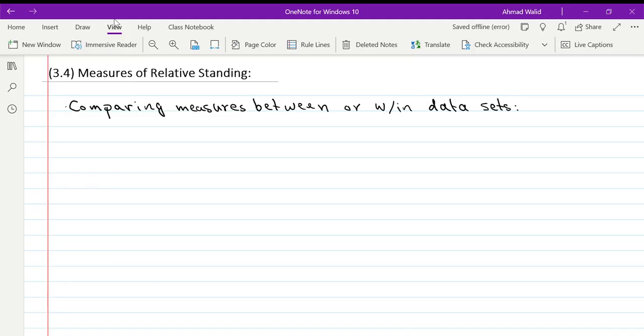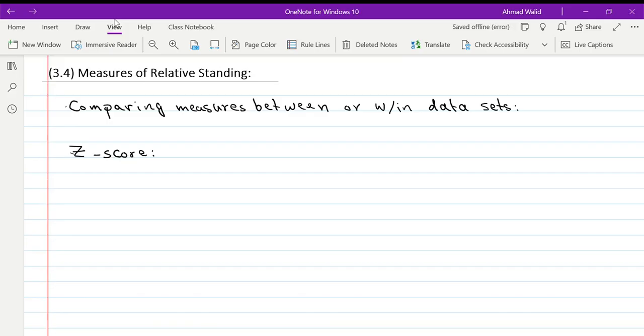Today, with this lecture, we will talk about a new topic which we call z-score. Z-score allows us to compare two different sets of data with each other, or even inside one set of data we can compare parts of it, or a sample with a population or a sample with another sample.